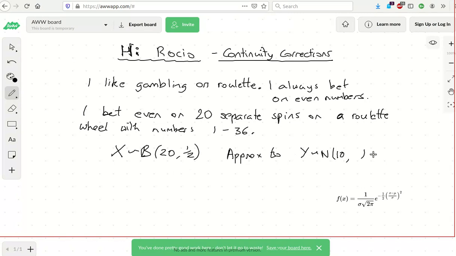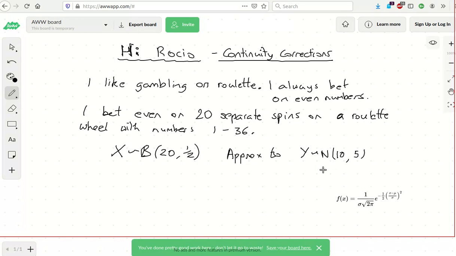So on average you get 10 evens and 10 odds. For the variance, you need n times p times 1 minus p, which is 20 times a half times a half, giving 5. And that's the normal distribution we'd actually be using.